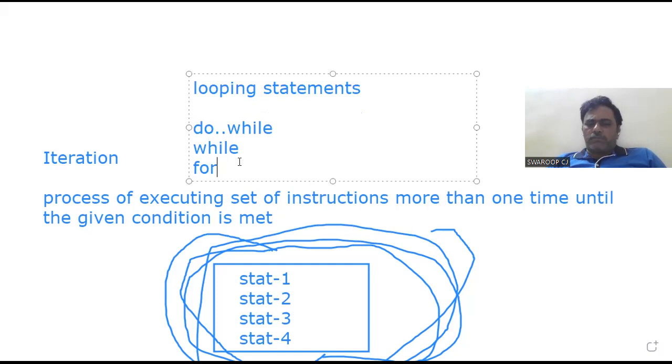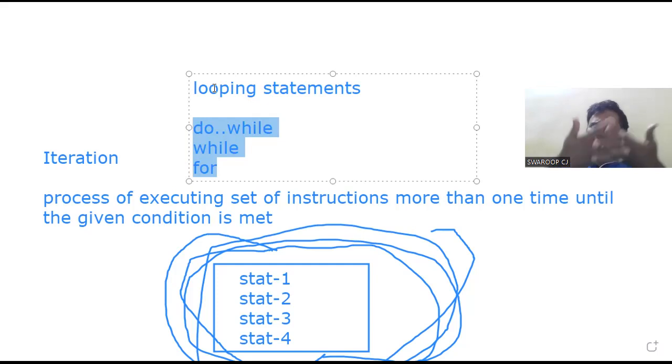So why do we need three statements? Because every statement has its own identity, meaning the process of execution will be different from one another. Let's see the process of execution one by one. If we want to execute the statements one time, we write them.